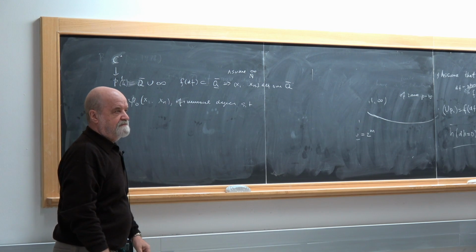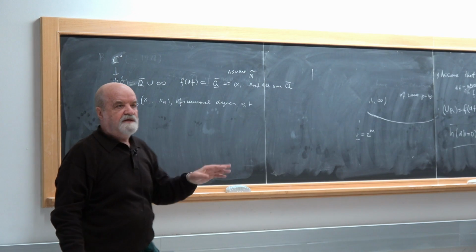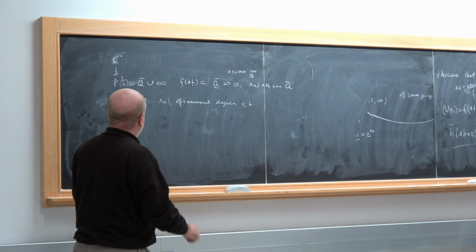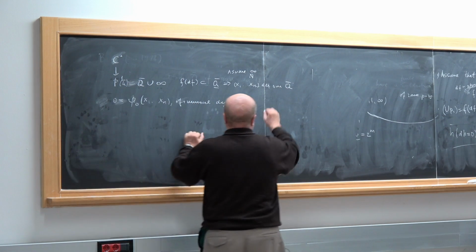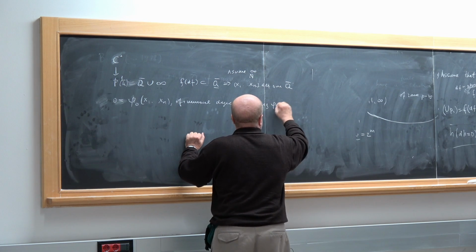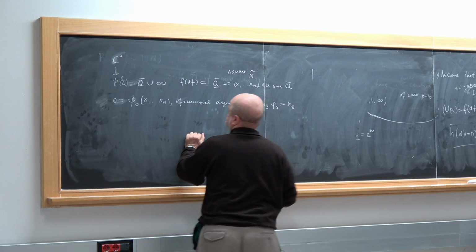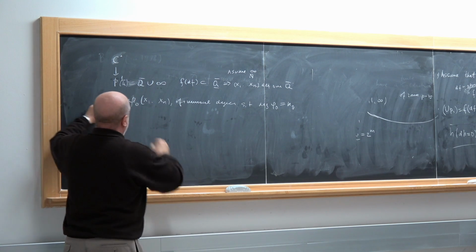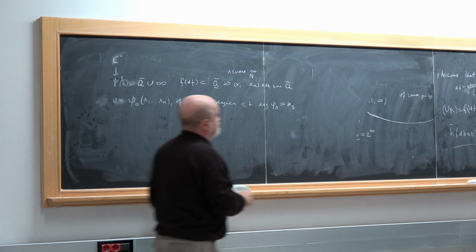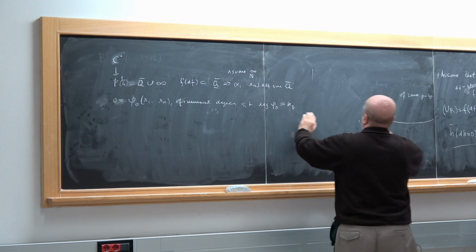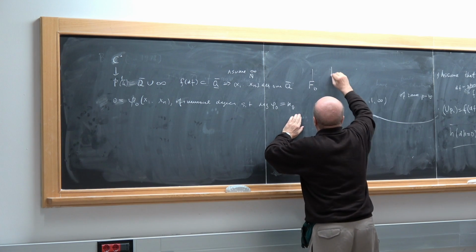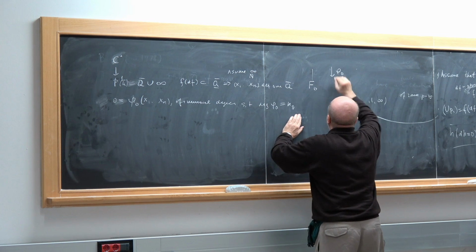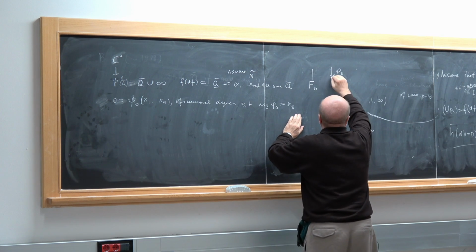Let's say there is a polynomial which deals with this, and assume that the degree of phi 0 is n. Then now we have a map, and we will be building F0. It is the first step in building, let's say.